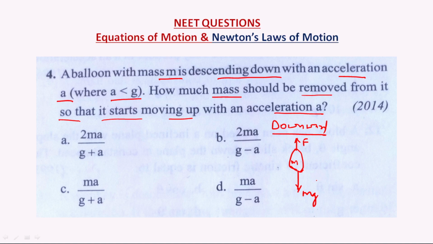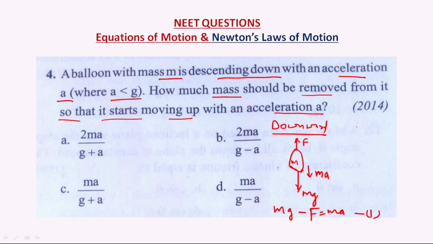But as it is moving down, it will have an acceleration of a. With the force of ma, it is accelerating downward. So because mg is more, the equation formed will be mg minus F is equal to ma. This is the first equation.